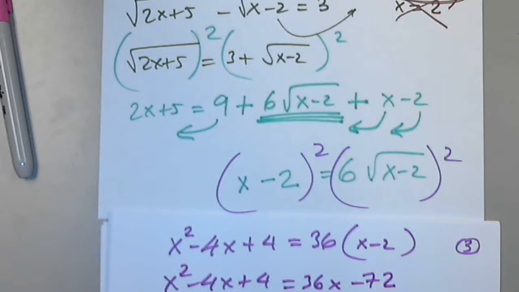What type of equation is this? Quadratic. How do I solve a quadratic equation? Equated to 0. Awesome. So, x squared. Please subtract 36x from both sides.